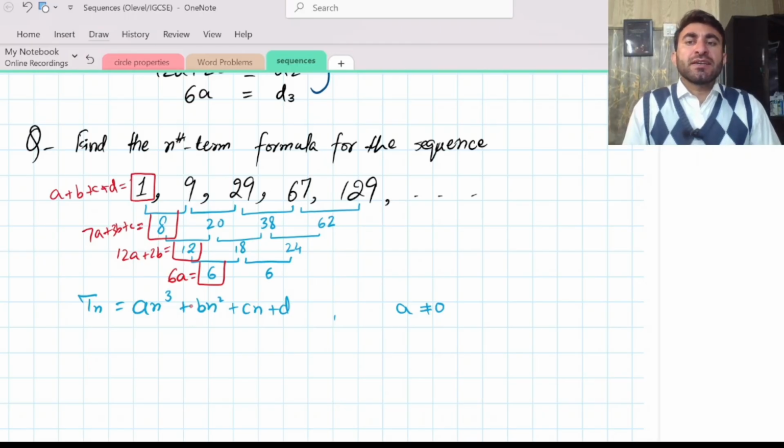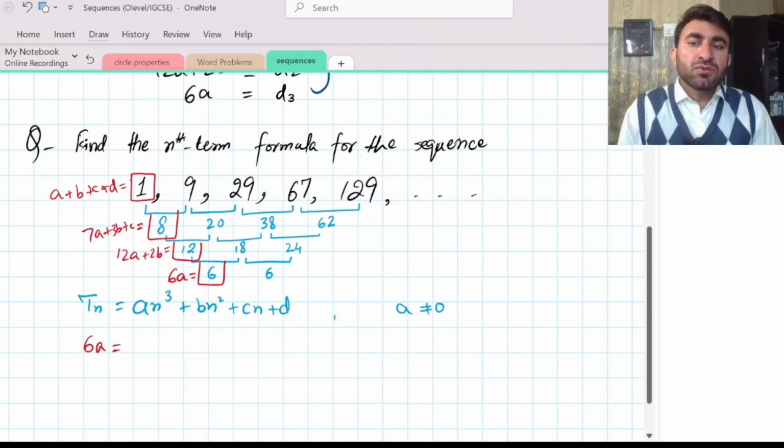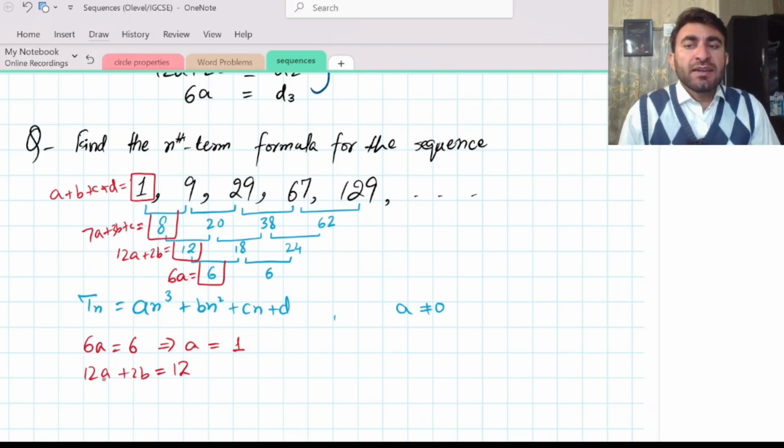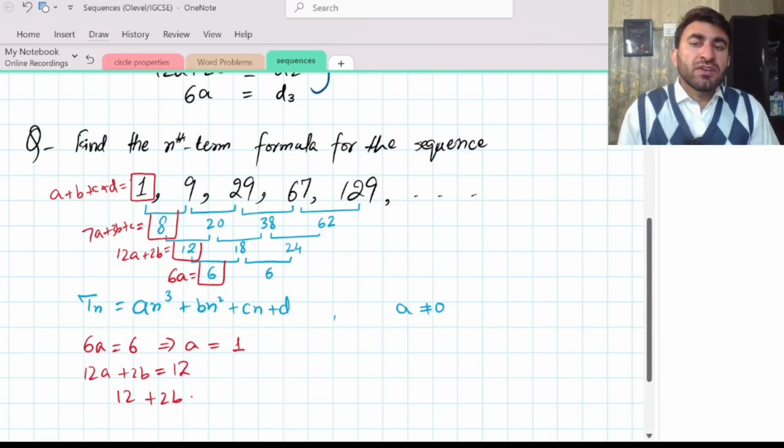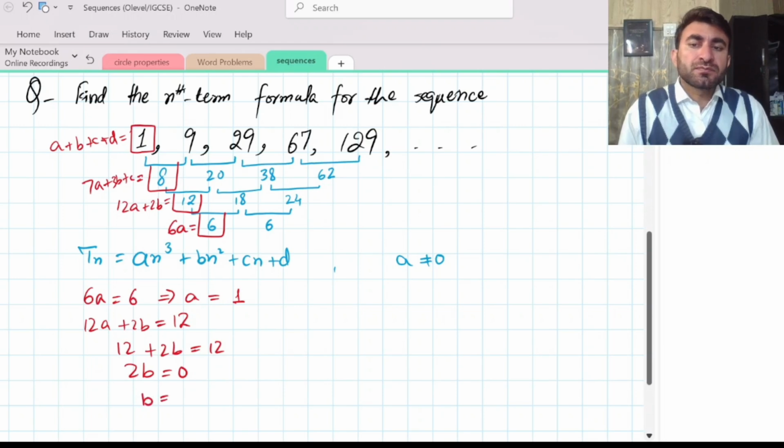First we can find the value of a from the first equation. 6a is equal to 6, which means a is equal to 1. Then the second equation, which is 12a plus 2b, equals 12. We replace the value of a, and as a was 1, 12a becomes 12. So 12 plus 2b equals 12, which means 2b is 0, so b is also 0.